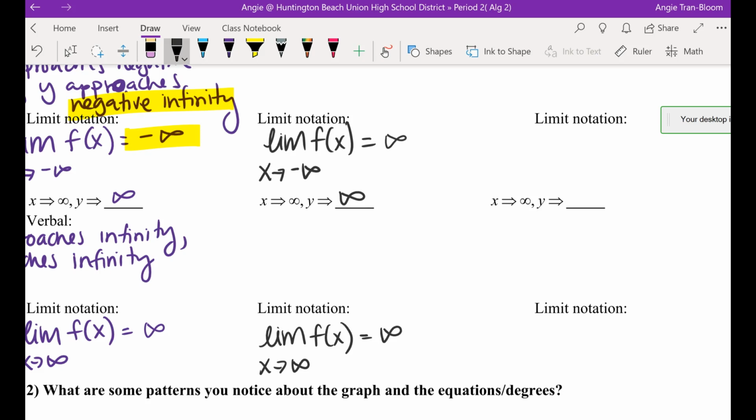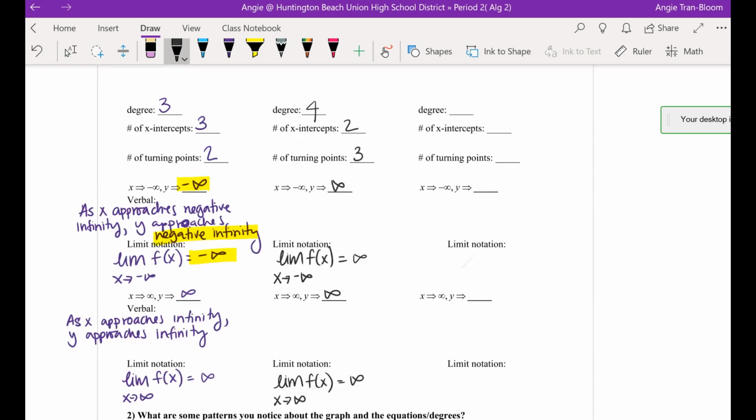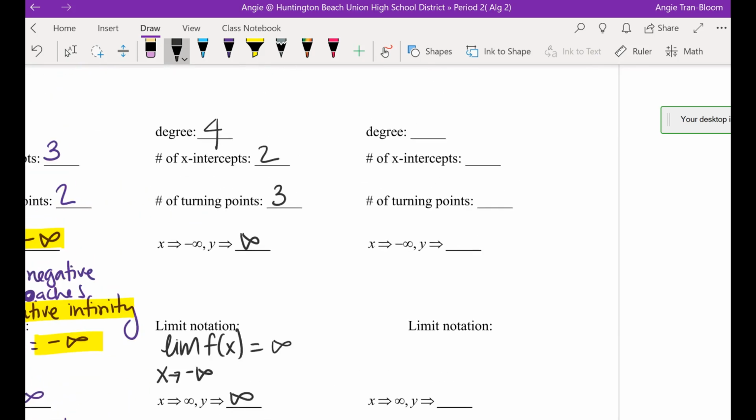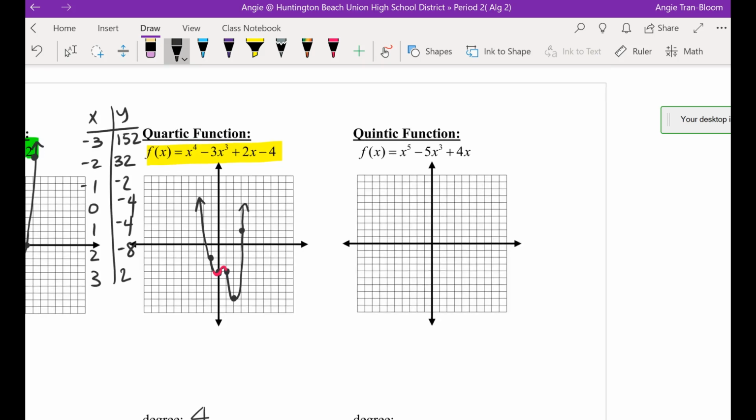Guys, follow along, please. As x approaches positive infinity, y approaches positive infinity. Good. Okay, follow along.